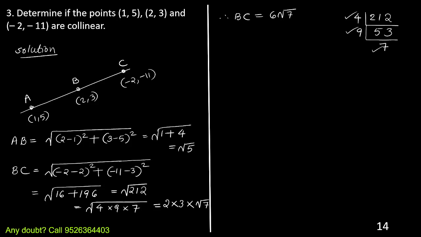Then next I am going to find the next side AC. I found AB, BC. Now I am going to find AC. AC equals, do use the distance formula, root of (x2 minus x1) square, that is (minus 2 minus 1) square, plus (minus 11 minus 5) square.